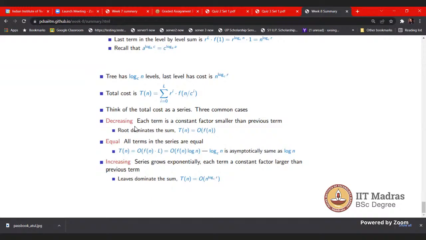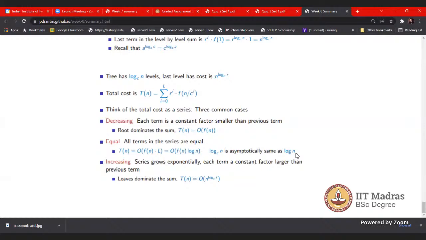Okay, every time we are dividing into a fixed number of subproblems. Every time we are dividing into 2 subproblems. In that case, the complexity is always log n.